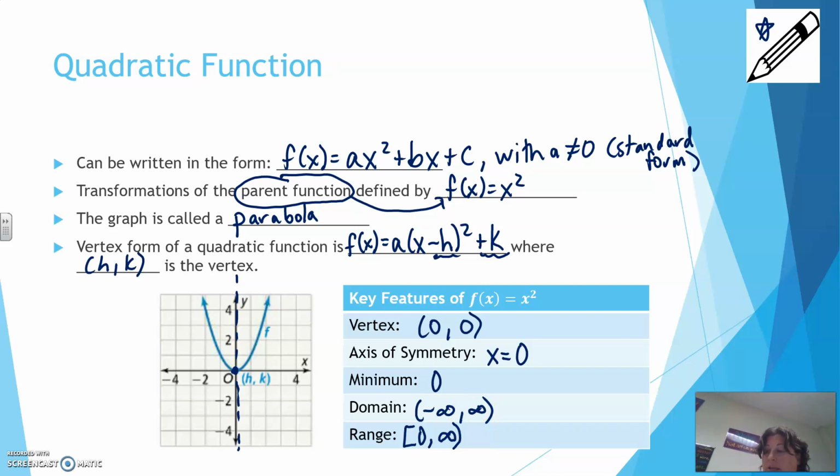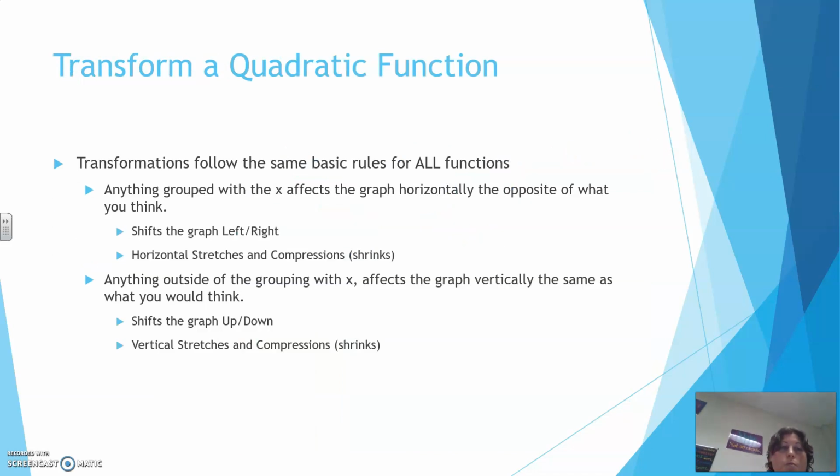Okay, so that's the basic background of a quadratic function. This is a quick review of what happens when we start putting in different h's and k's and start transforming a quadratic function. The key is that transformations follow all the same basic rules that all functions follow, like you learned last chapter.